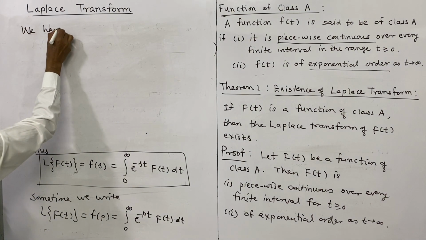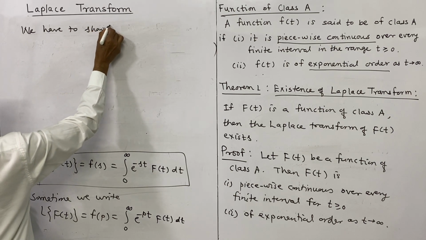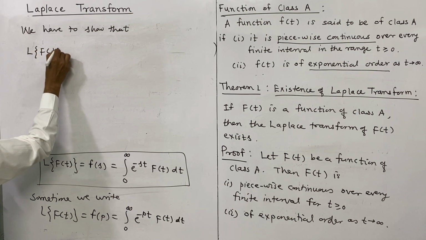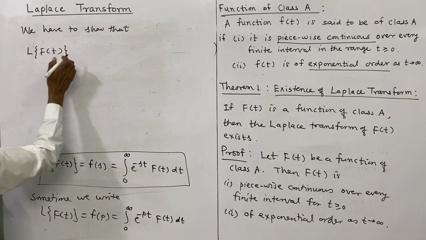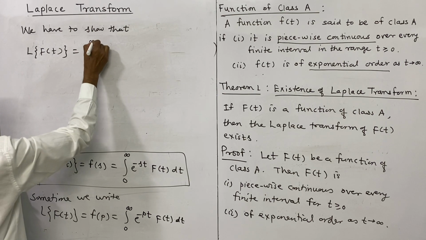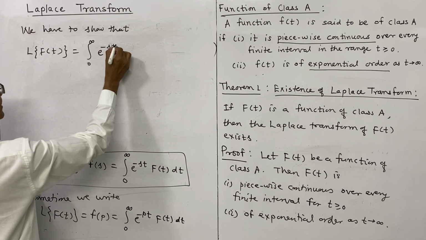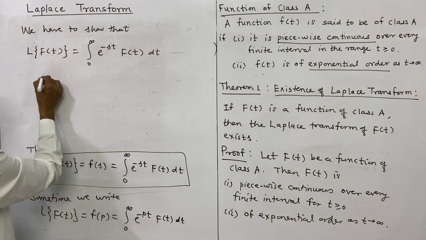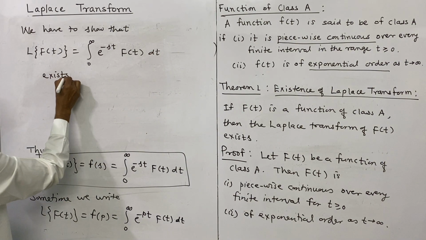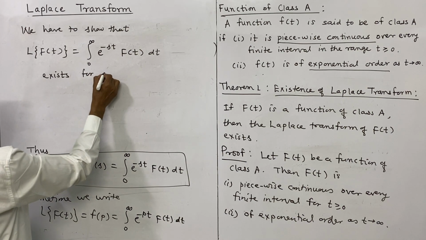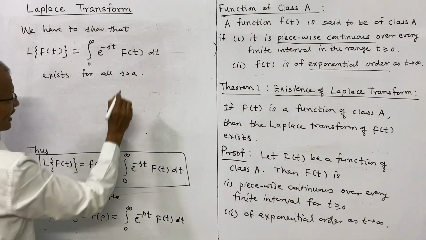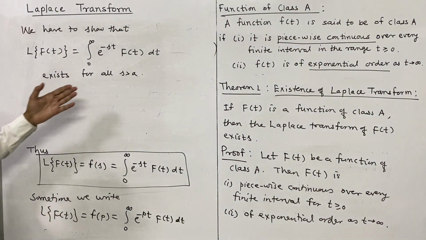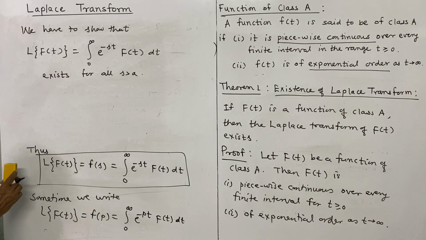So we have to show that L of f of t, which is by definition of Laplace transform, the integral 0 to infinity e power minus st f of t dt, exists for all s greater than a. Since f is of class A, we will assume that s is greater than a.